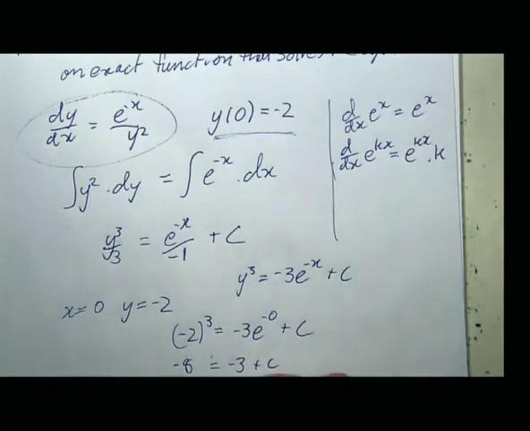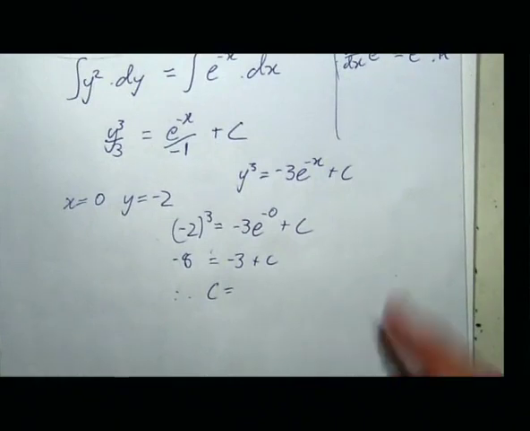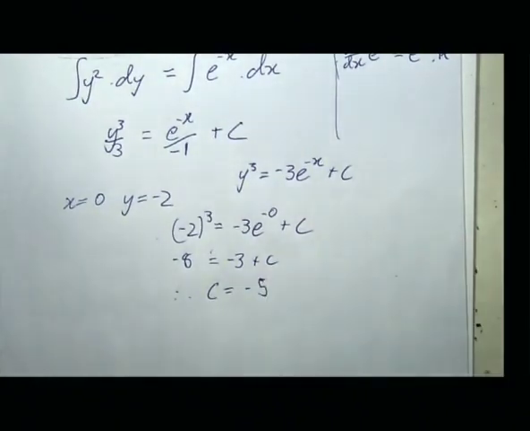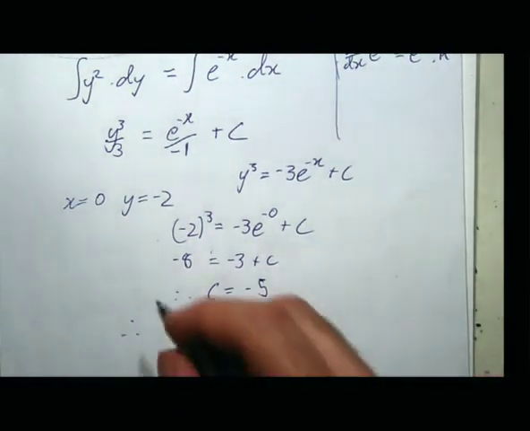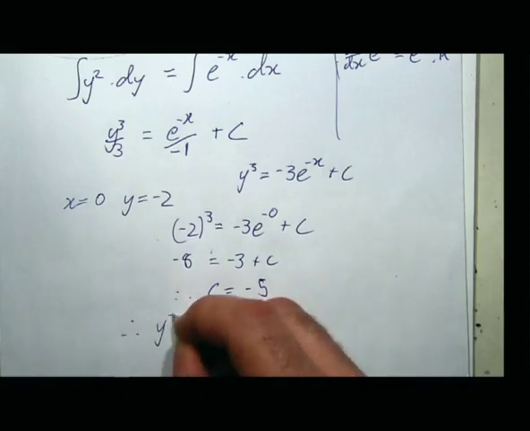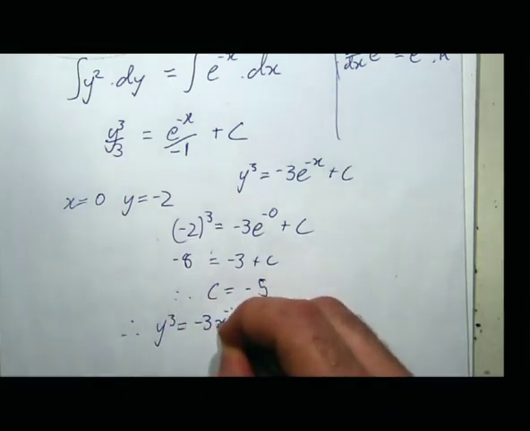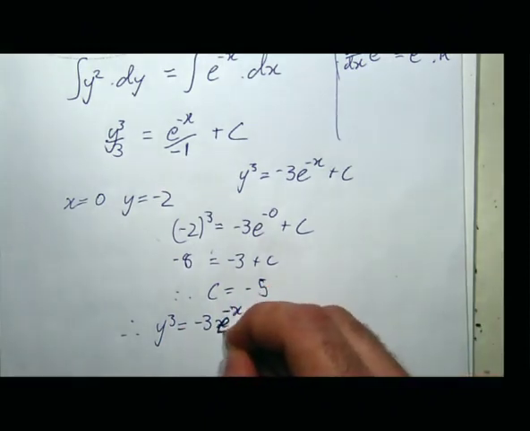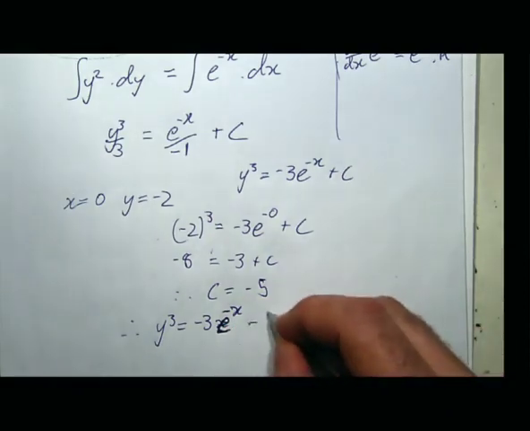So therefore c is equal to minus 5. And so therefore my particular solution is y cubed is equal to minus 3e to the minus x minus 5.